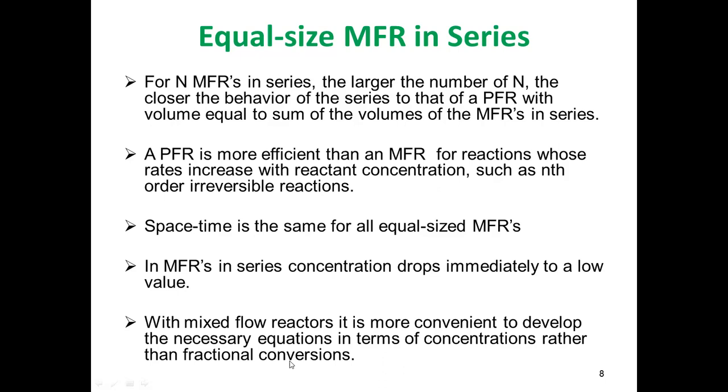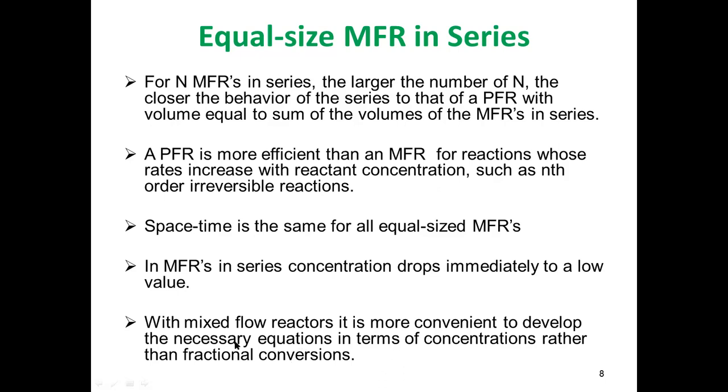So if CAOXA is the part that has been converted, then that would be the initial concentration minus the final concentration, because your initial concentration minus the final concentration will also represent the part that has been converted, equivalent to, let's say, for example, CAOXA.